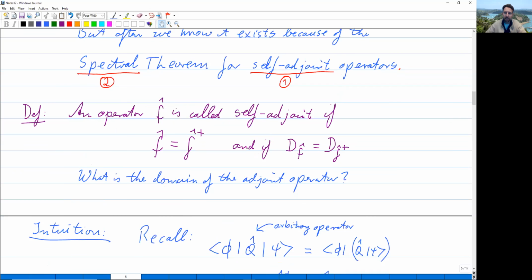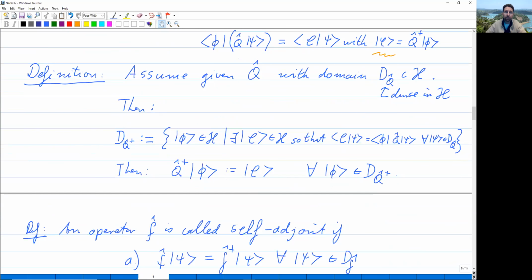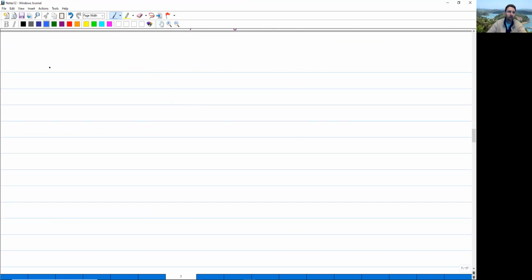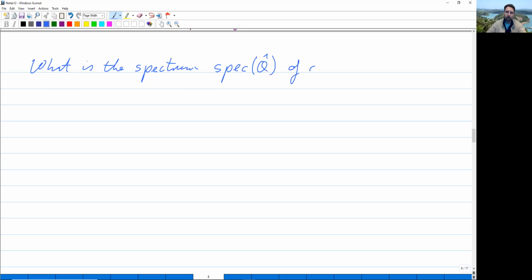So in order to do this, we first need to reconsider what is an eigenvalue. What is a spectrum? What is an eigenvalue? So what is the spectrum, spec of Q hat, of an operator Q hat? Well, let's start with the definition.